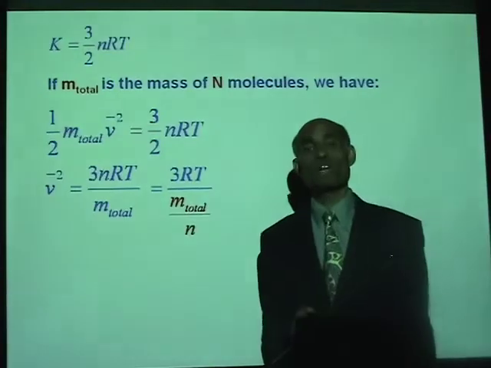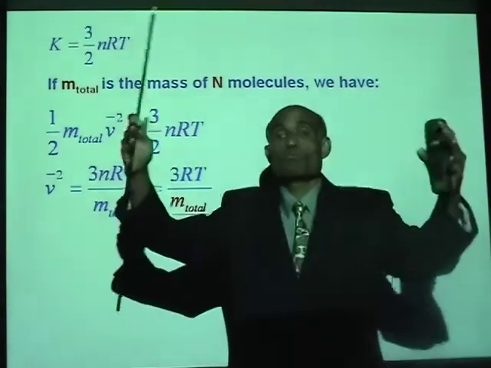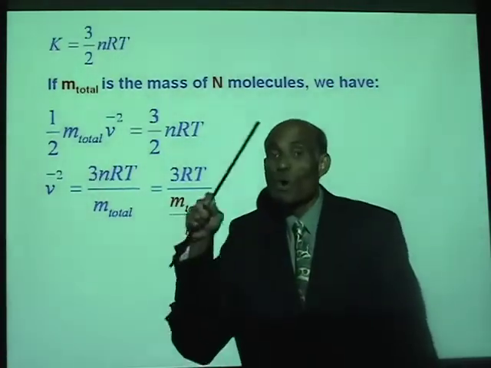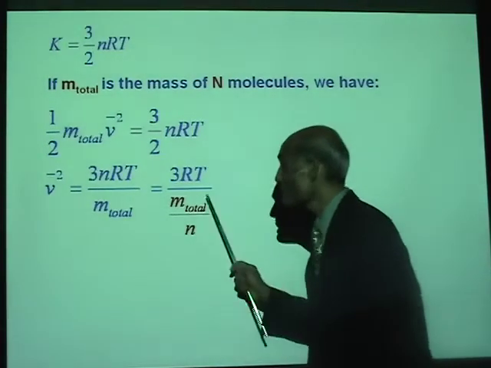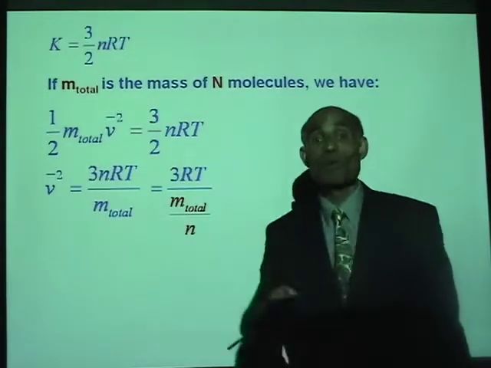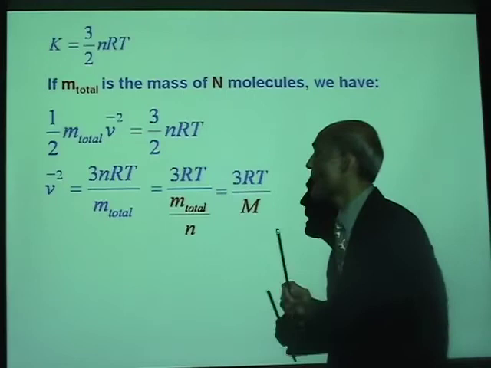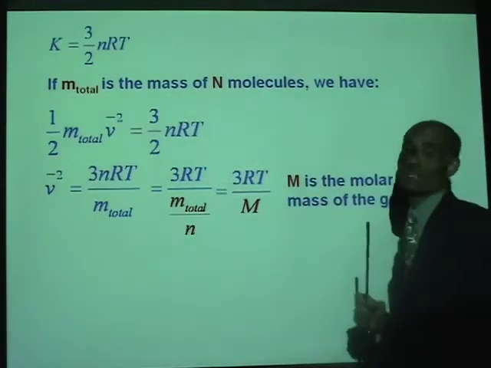Can anybody tell me the significance of the total mass of molecules in a container divided by the number of moles in that container? Well, this is the molar mass, the mass per 1 mole. So that will be 3 RT over big M, where big M is the molar mass of the gas.